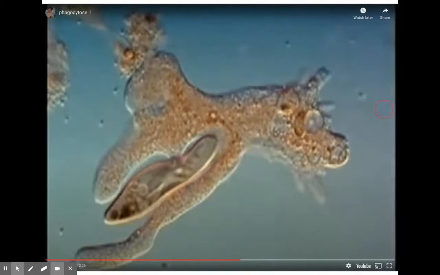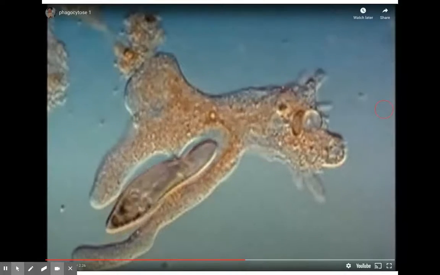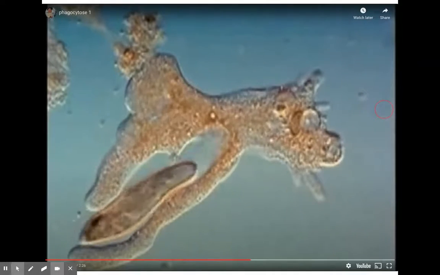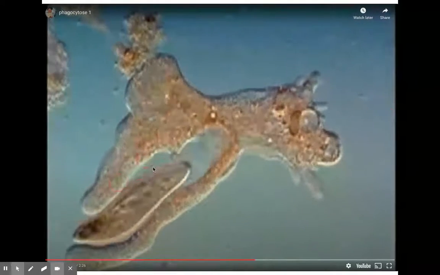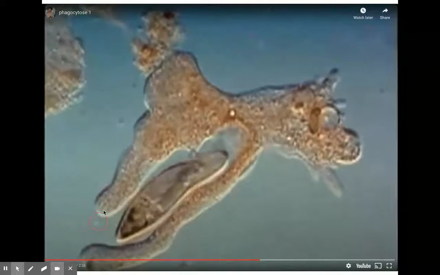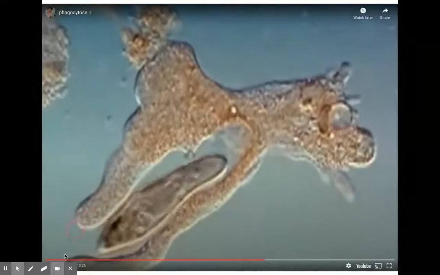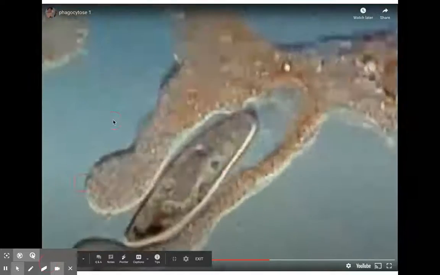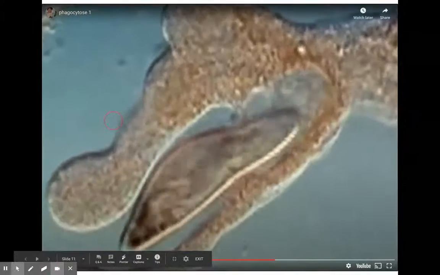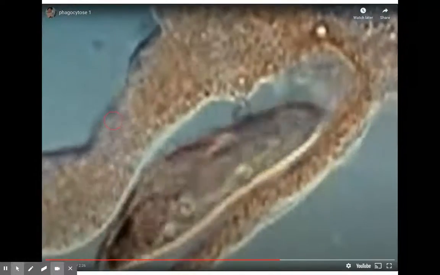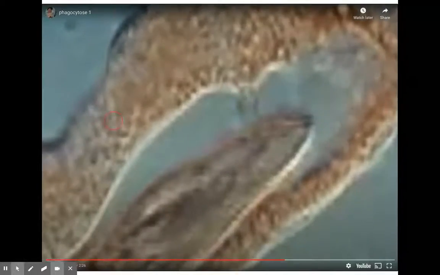All right, so the paramecium is basically trapped at this point. You'll see it flailing around, but the amoeba right here is going to start to bring its cell membranes together in order to pinch off to form that vesicle that is inside of the amoeba.